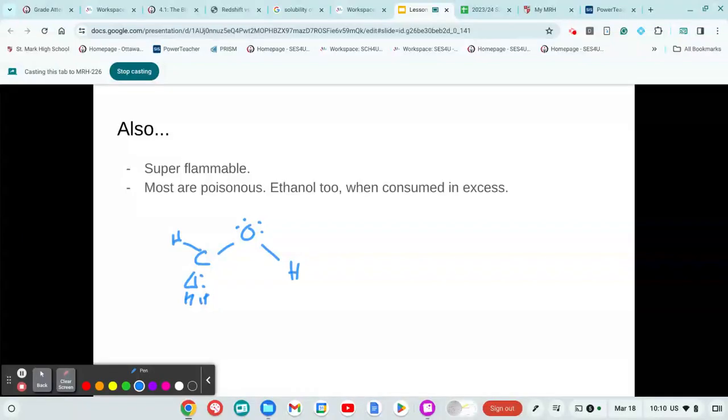When I look at a molecule like this, I know that the oxygen is pulling electrons away from the carbon and the hydrogen, and it's a little bit negative up here. The hydrogen as well as the carbon are going to be a little bit positive. That means that one molecule of methanol is going to be really attracted to another molecule of methanol.